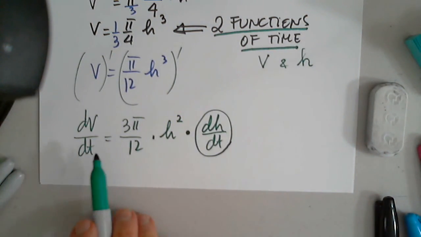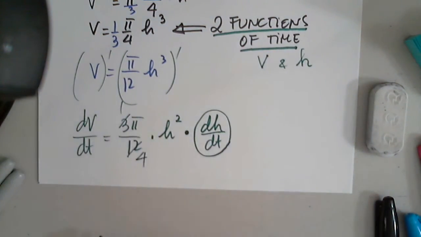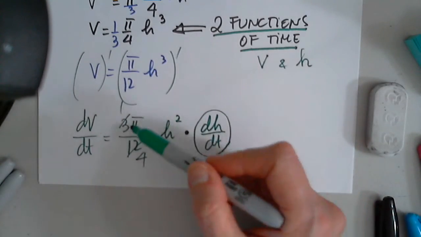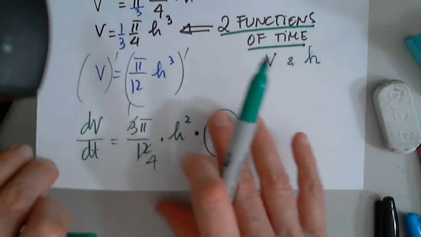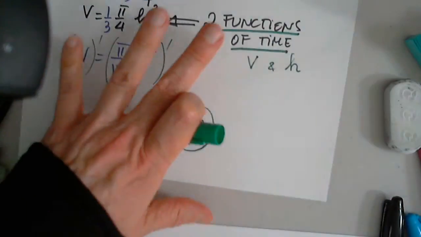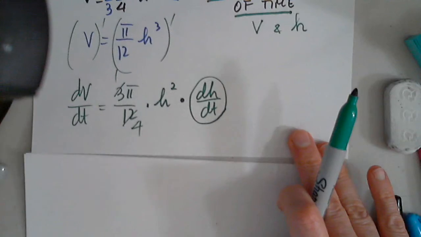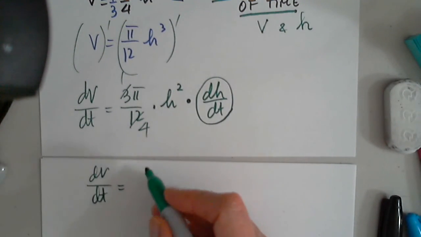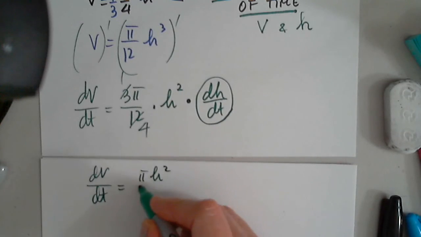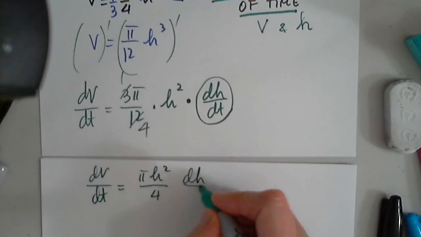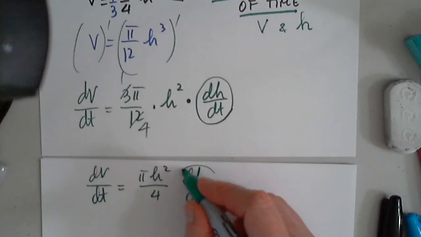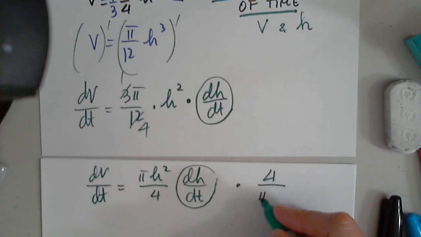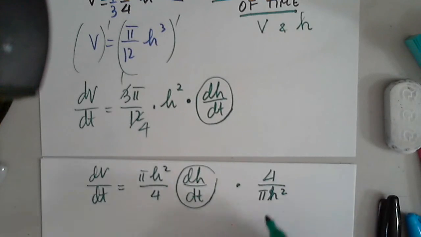All I have to do is simplify, multiply both sides by 4 over pi h squared. Let me write it one more time for everyone to see what I'm doing. So dV over dt equals pi h squared over 4 dh over dt. We are solving for this. I will multiply both sides by 4 over pi h squared.